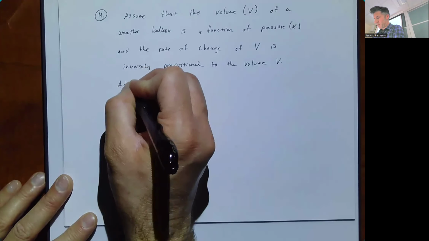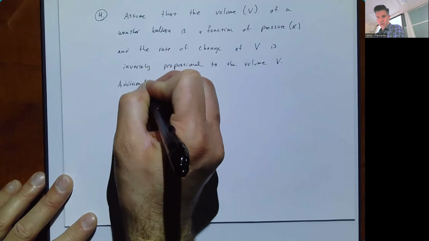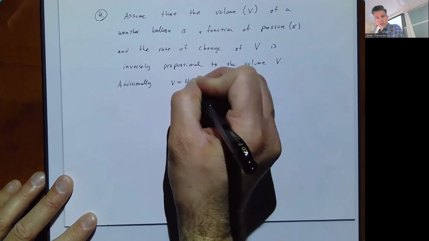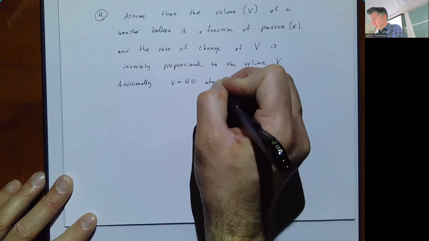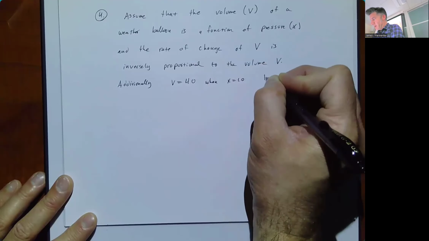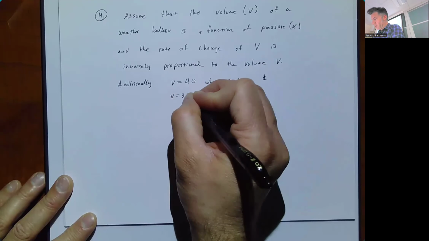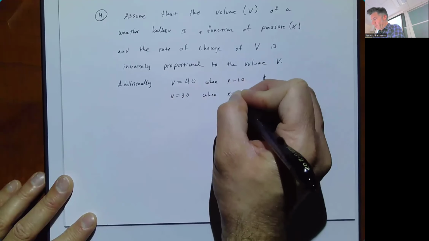Additionally, we're going to have some initial conditions here. V is equal to 40 when x is equal to 10, and V is equal to 30 when x is equal to 15.